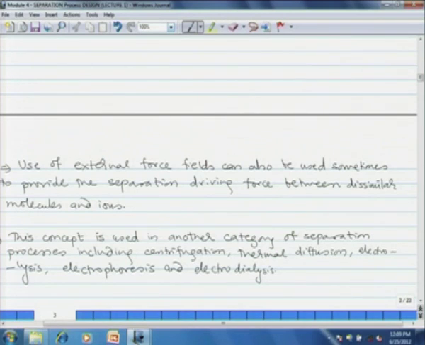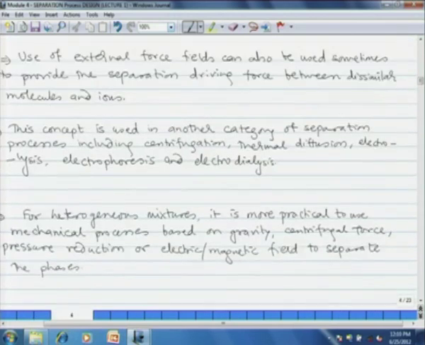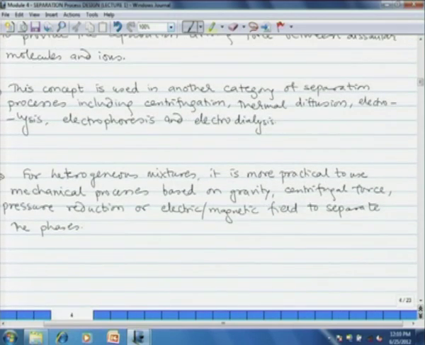In such cases, we have to apply additional force. It could be either mechanical force such as centrifugation, or it could be electrical force as in case of electrolysis or electrophoresis or electrostatic precipitation. So, these are some of the additional techniques for separation of the components of the reactor effluent.